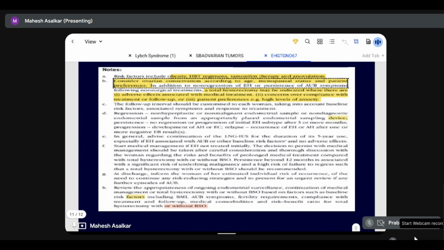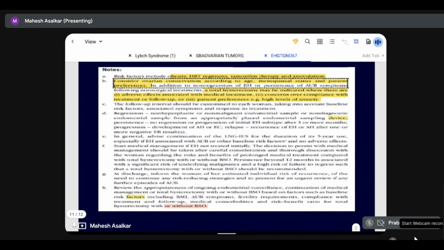Then come to point number F, in which it is mentioned: start medical management if endometrial hyperplasia is not treated initially. The decision to persist with medical management should be taken after careful consideration and thorough discussion with the woman regarding the risks and benefits of prolonged medical treatment compared with the total hysterectomy with or without BSO.